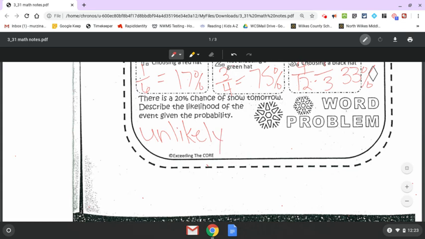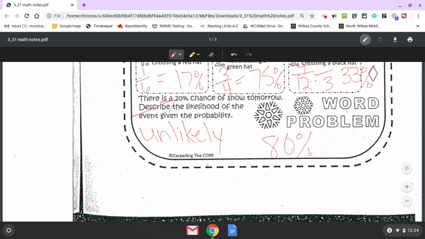And that's what those questions mean when they ask you to describe the likelihood of the event given the probability. You would say it's unlikely because it's on that lower end of the scale. Now, if I were to reverse that and say, what are the chances it's not going to snow tomorrow? If there's a 20% chance of snow, that means that there's an 80% chance that it won't snow.